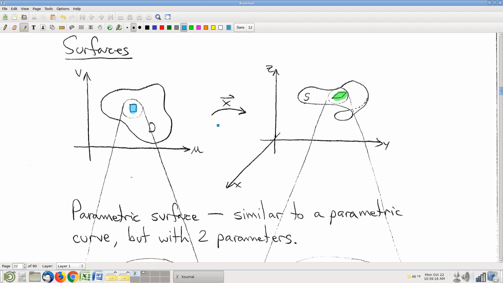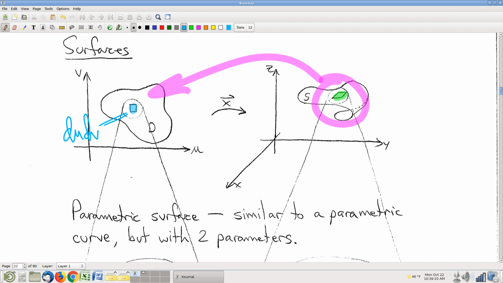I would like to rewrite ds in terms of that blue area, because that blue area is simple. It's just du dv. So I want to rewrite the green in terms of the blue. To do that, I need to know the stretching factor by which we stretch the blue to get the green.